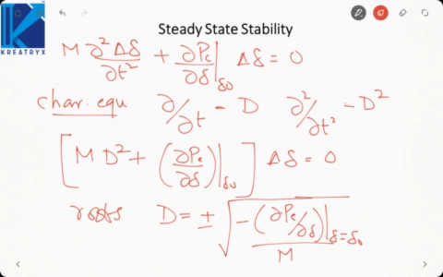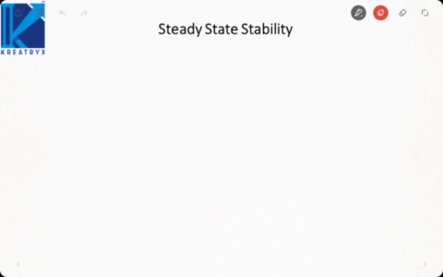Now there can be various cases for the roots of this equation: the roots are real or the roots are imaginary. Suppose we talk about the first case, in which ∂P/∂δ at δ = δ0 is less than 0.